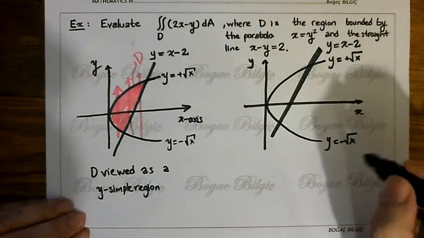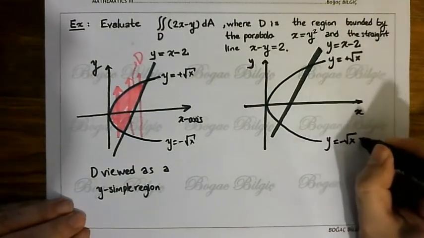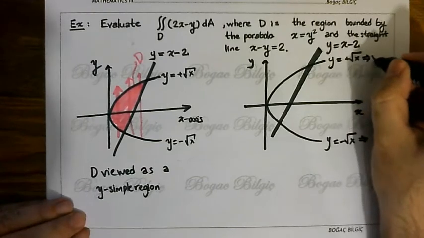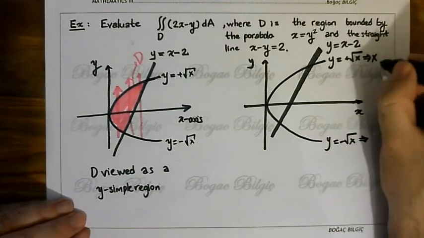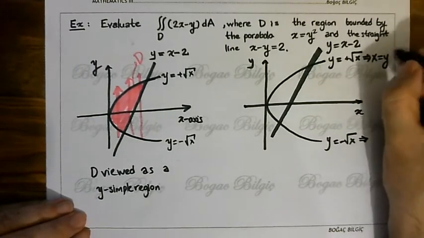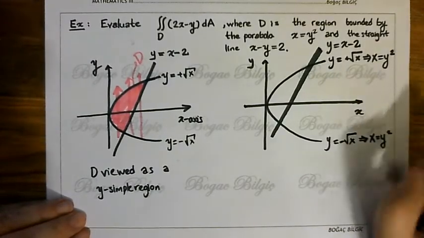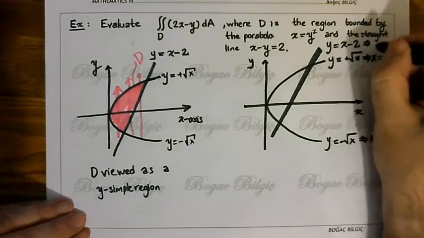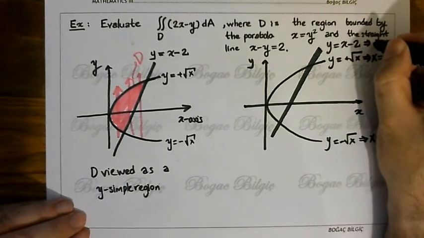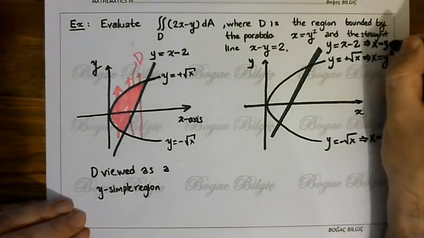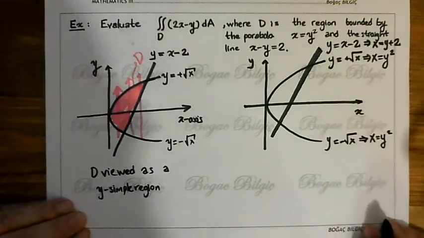And we write this type: x is equal to y square, and x is equal to y plus 2.